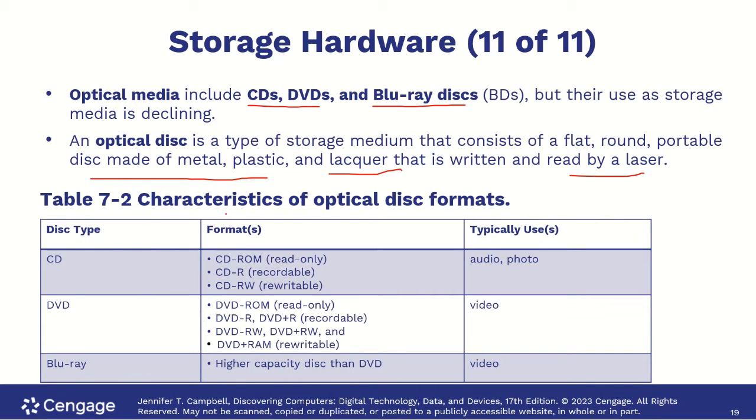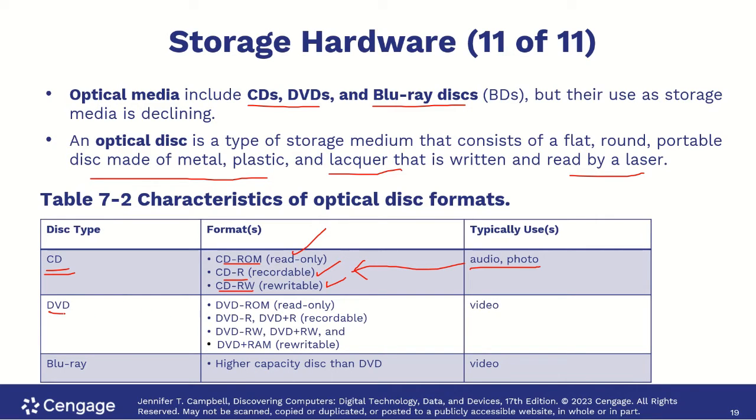You can see the characteristics of optical disc formats in this table. CDs can have three different formats: CD-ROM, CD-R, and CD-RW. ROM means it's read-only, CD-R means recordable CD, and CD-RW is rewritable. Typically we use audio and photos on a CD.